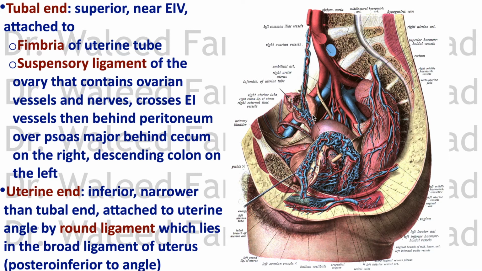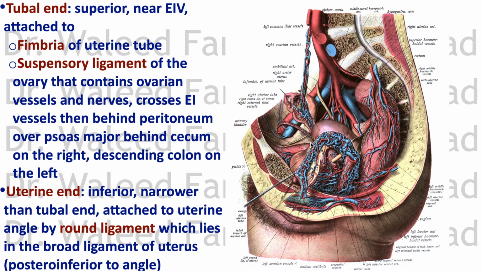The gubernaculum was responsible for pulling the distant testis downward into the scrotum, but in the case of the female, it remained and atrophied into these structures, the round ligament of the ovary and the round ligament of the uterus.